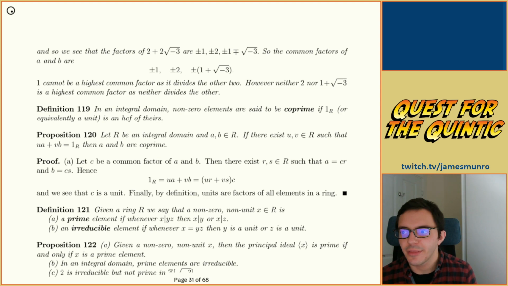The common factors are these. Oh, but none of these are the highest common factors because they don't divide the others. So you might think just take the biggest one, but you can't do that on the complex numbers. One divides the other. Huh. Okay.